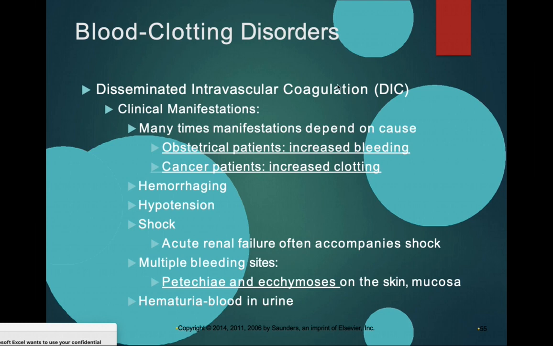So this is what we see with disseminated intravascular coagulation, DIC. There's hemorrhaging, hypotension, shock. We've seen these before. And then petechia and the ecchymosis on the skin and the mucosa. There can also be hematuria, which is blood in the urine.